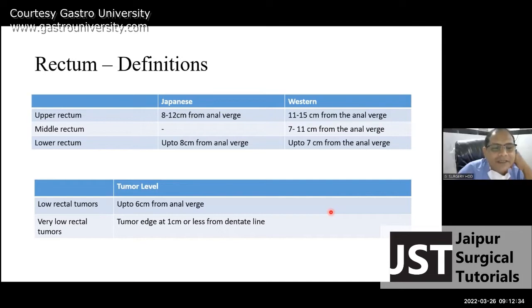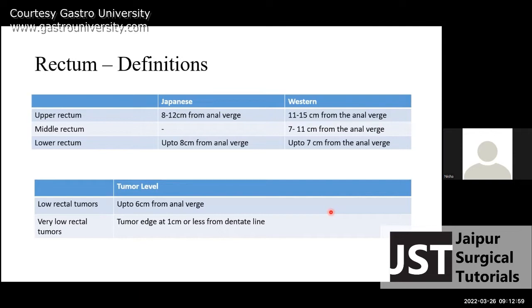Nisha, sir is giving you a very definite hint. With regards to neoadjuvant therapy, what is the difference between the approach for upper rectal tumors and lower rectal tumors? For the low rectal tumors, the neoadjuvant therapy is both in the form of chemo as well as radiotherapy.